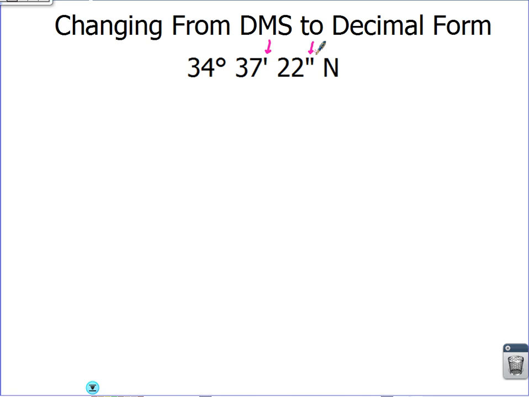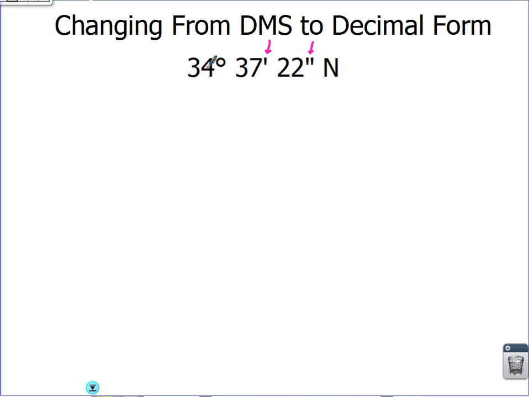So if I wanted to change this to decimal form, I told you there's 60 minutes in a degree. How many seconds are in a degree? 3,600. 60 times 60. There's 3,600 seconds in a degree.